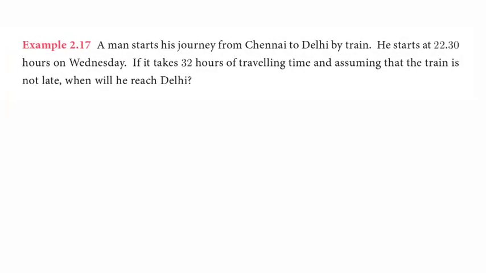Next example 2.17. A man starts his journey from Chennai to Delhi by train. He starts at 22:30 hours on Wednesday. If it takes 32 hours of traveling time and assuming that the train is not late, when will he reach Delhi?